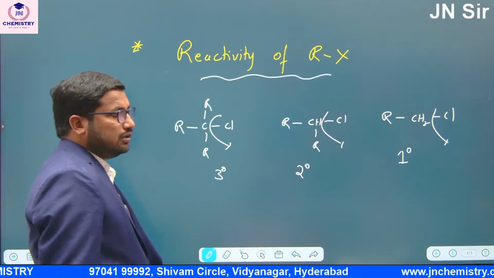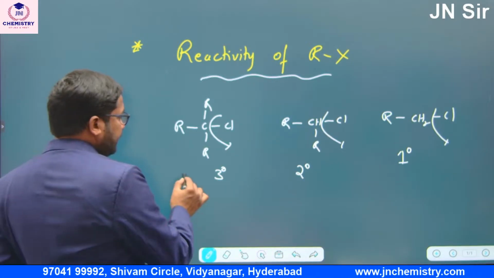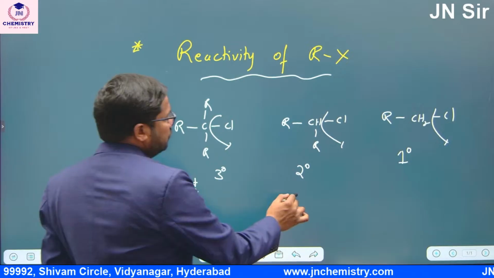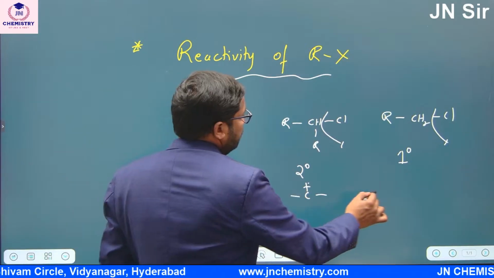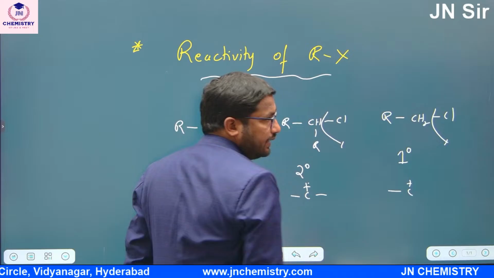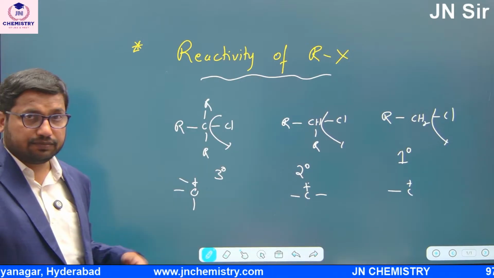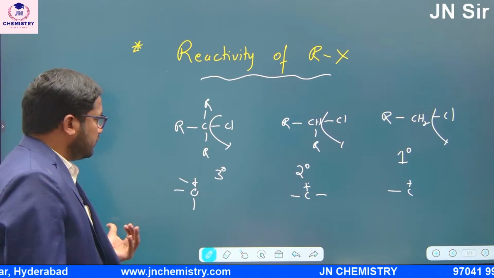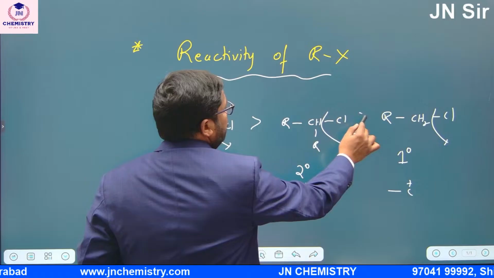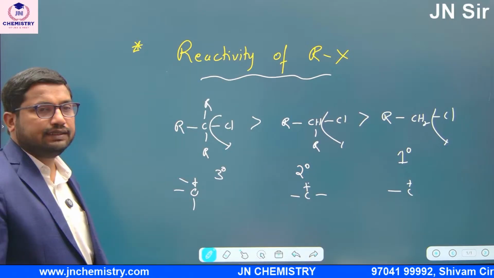Once it is going, we'll get the 3 degree carbocation, in this case 2 degree carbocation, and here 1 degree carbocation. Which carbocation is more stable? 3 degree. So 3, 2, 1.